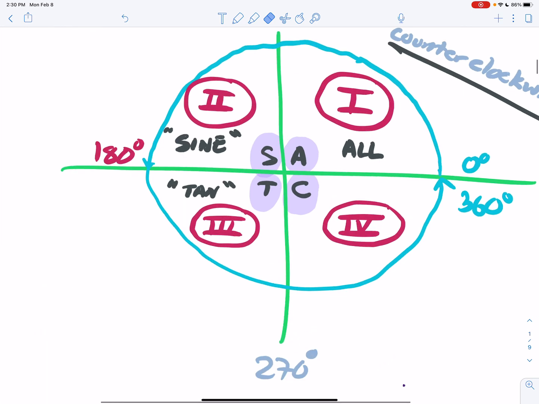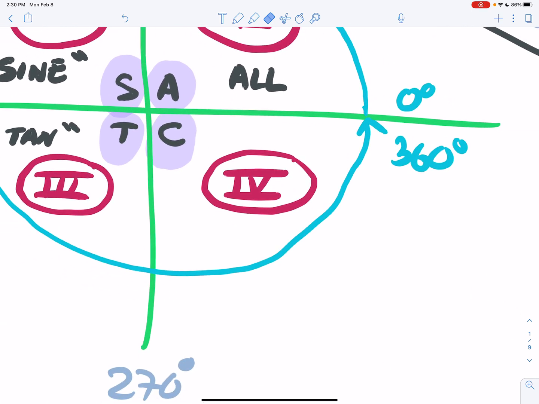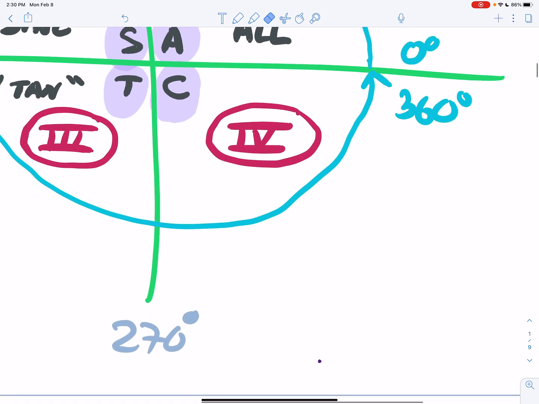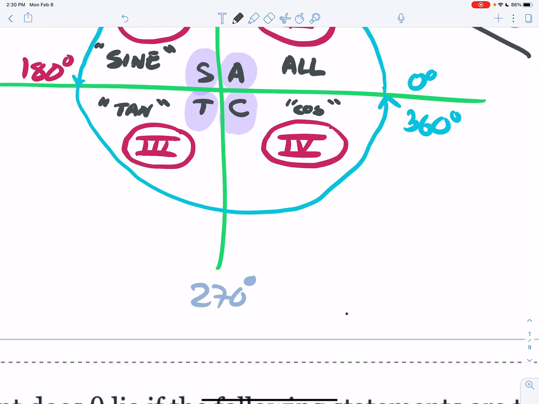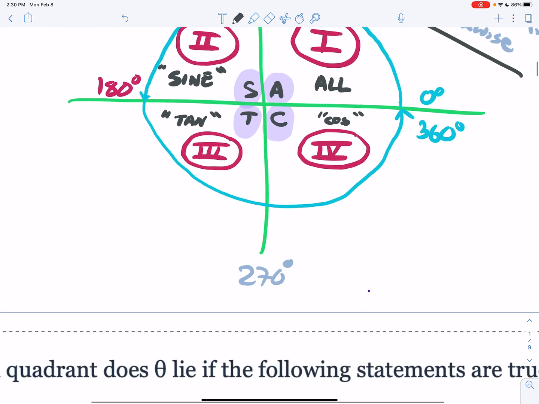Okay, so last one, you're probably guessing already. If you're in the 4th quadrant, if your angle is somewhere between 270 and 360, the only thing that's going to come out positive is your cosine function. I should write cosine, but let's just write COS. So, for instance, the cosine of 352 degrees, if you type that in your calculator, you will get something positive.